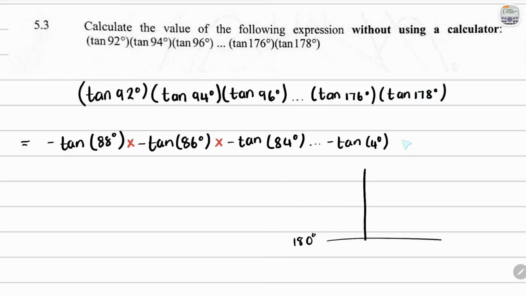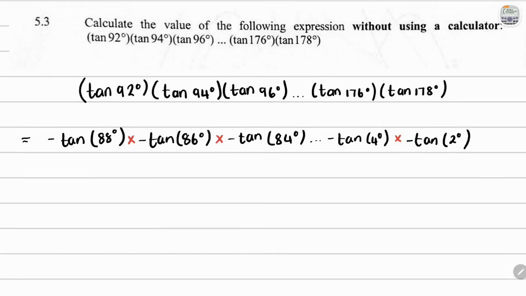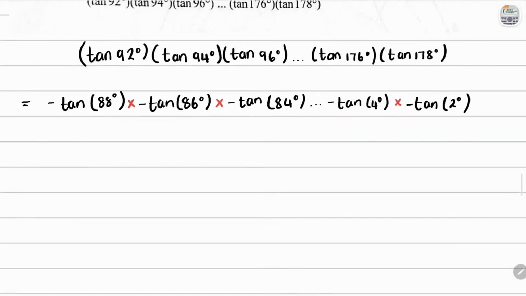With these types of questions, I would like to actually leave one extra one, but it's fine, like a third last term, so that we can just see how it works. So we'll leave it like that and then multiply by the last one. That would be negative tan of, and we will only have 2 degrees there because plus 2 will give you 180. So 2 degrees. So this is what it looks like.